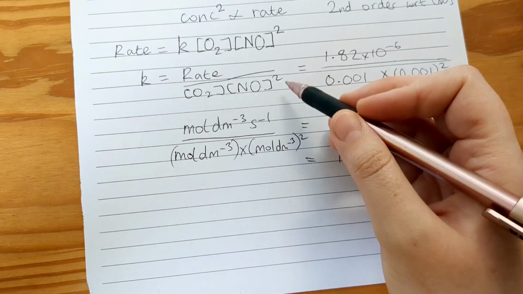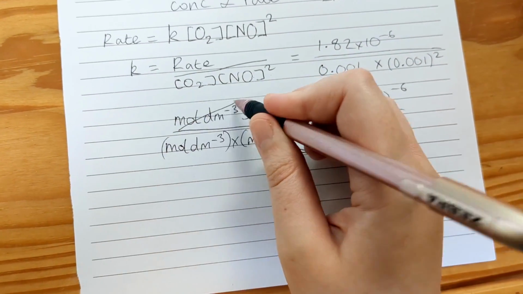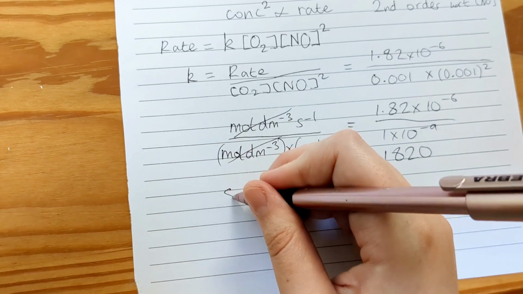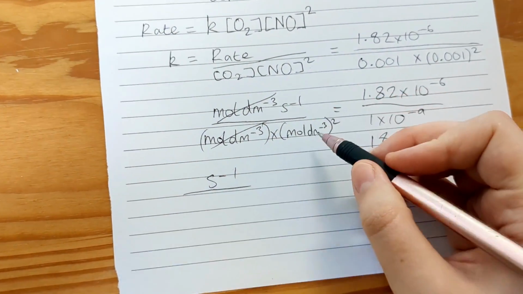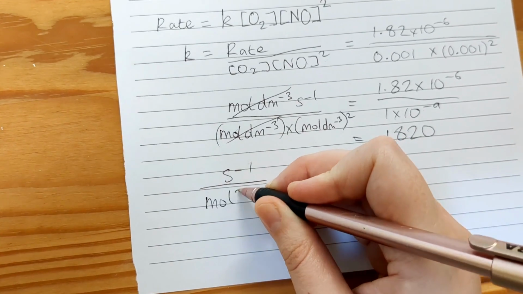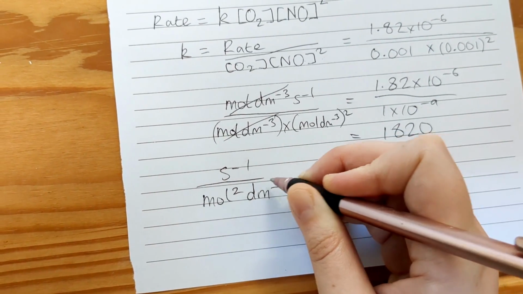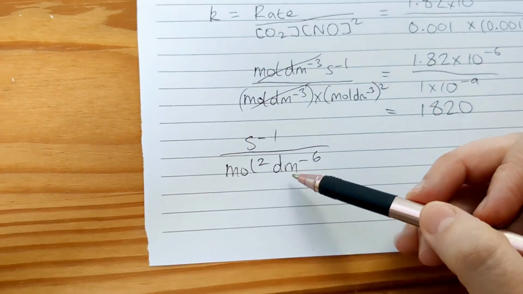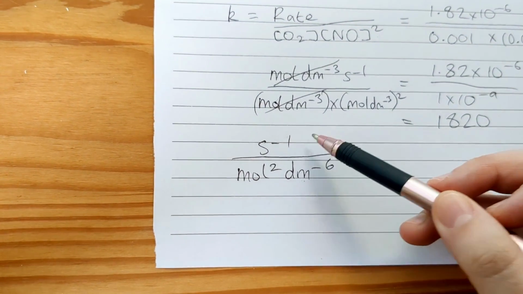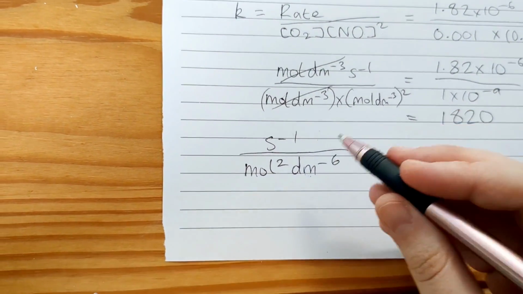Remember the squared for the second order term. Next we cancel out what's the same on top and bottom, and we're left with this. We can multiply out this bracket here. And the last step is to move the things that are on the bottom to the top. We want to move everything to the top line.